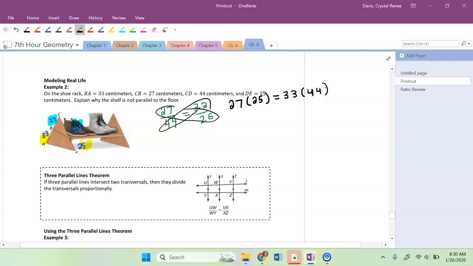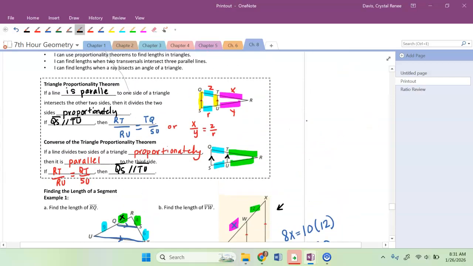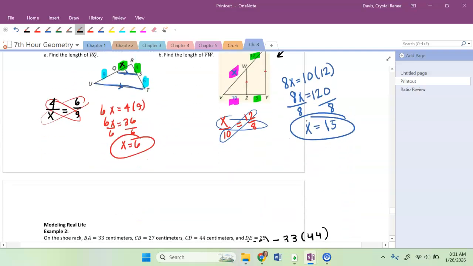Well, let me check. 27 times 25 is 675, not equal to 33 times 44, which is 1452. So not parallel by the converse of the triangle proportionality theorem.